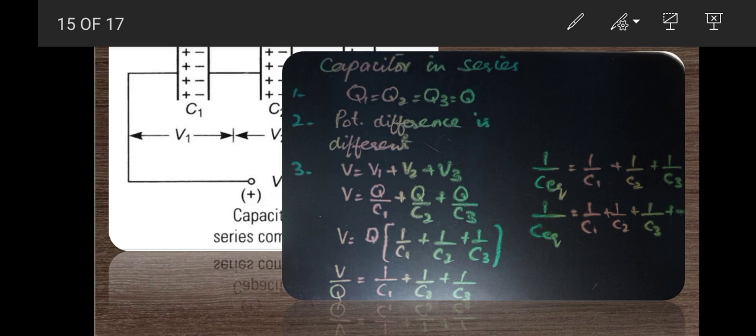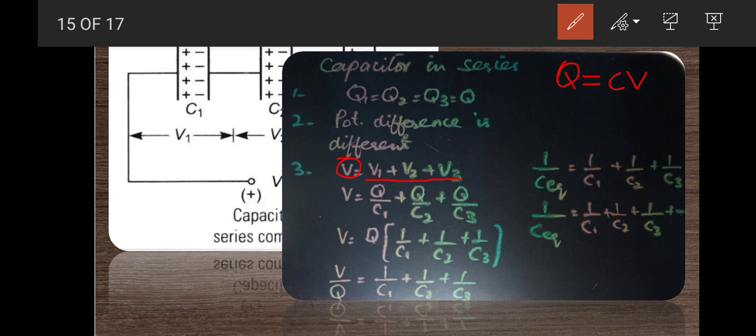But the potential difference is different in these 3, so it will be the sum of the 3. So the total potential difference across the 3 will be V, equal to the sum of the potential differences. Again you have to use the formula Q equals CV.